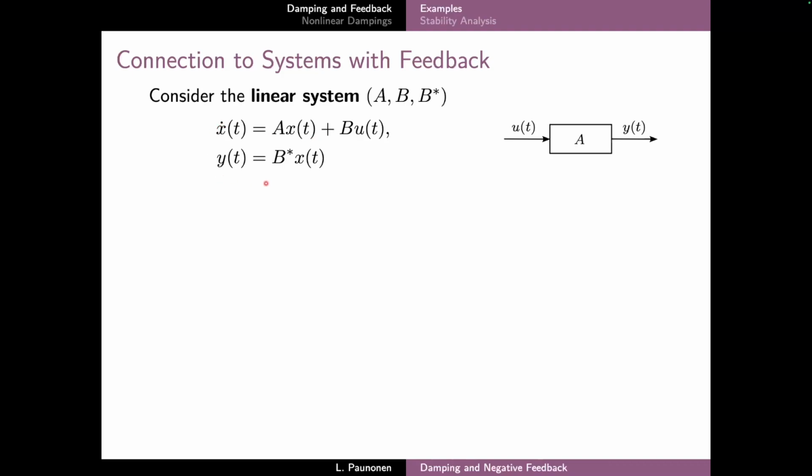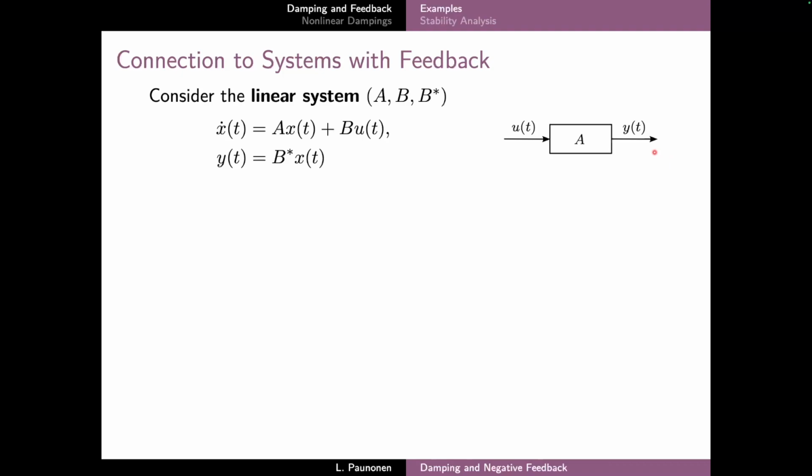And similarly, we equip the system with an output, which is defined by the adjoint B star of B. So this gives us an infinite dimensional linear system.